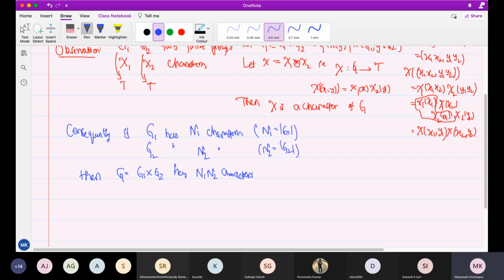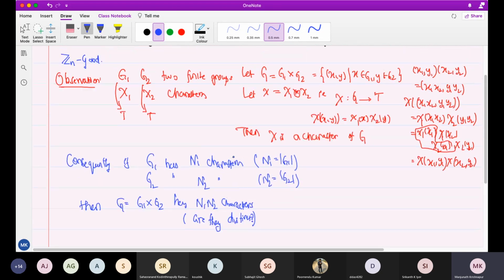Why? I can take anything here and anything here and take a tensor product. One has to be slightly careful: are they distinct? Just because you write different notation doesn't mean they are distinct, but it's an easy check, and they are distinct. So you get N1 N2 characters, and N1 N2 is the size of G. This implies G has a full basis of characters.